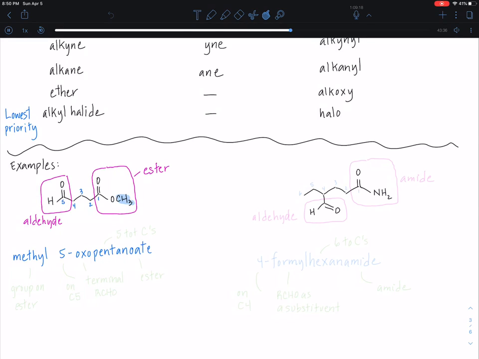Let me break this all down. So here we've got oate, which means it's an ester. Pent means there's 5 carbons, so 5 total carbons.